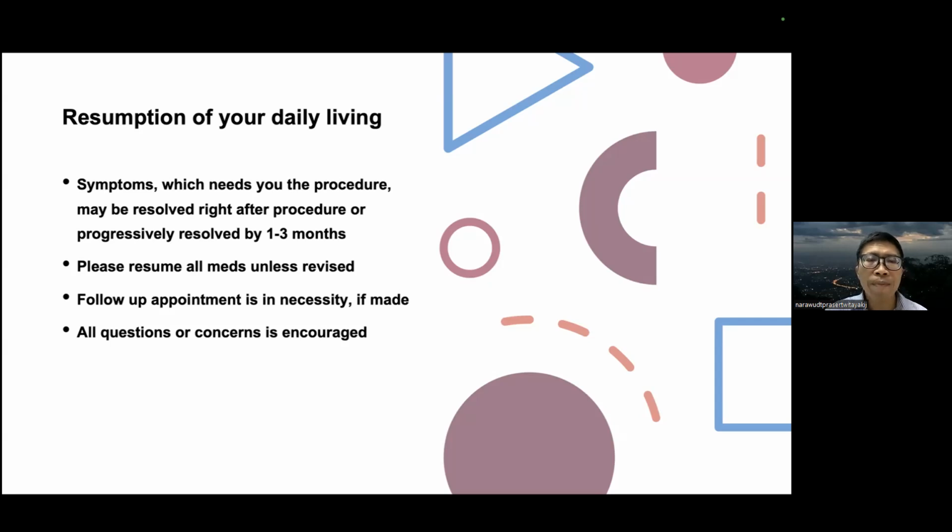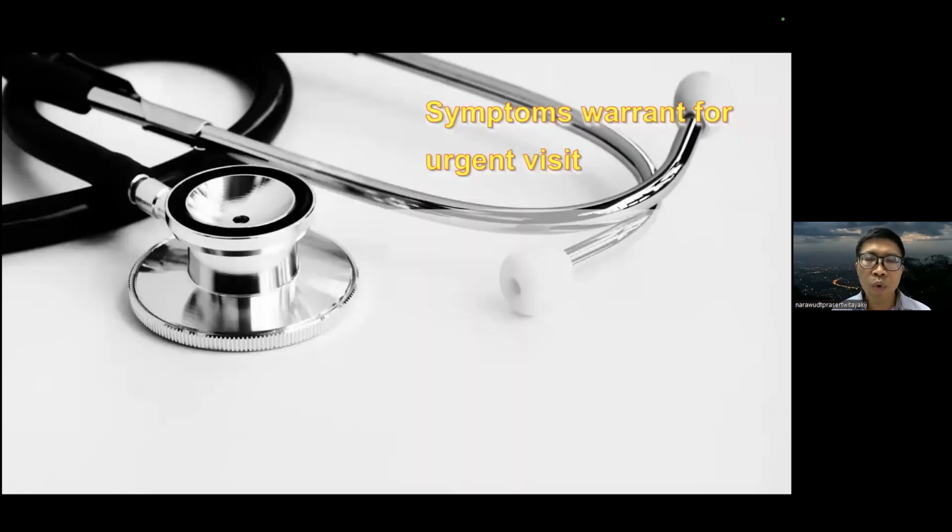All medications are encouraged to be resumed, except where your doctor needs revision of those, which will be discussed on an individual basis. And a follow-up appointment is necessary if made, and all questions or concerns are encouraged to help you ensure the best post-operative care.